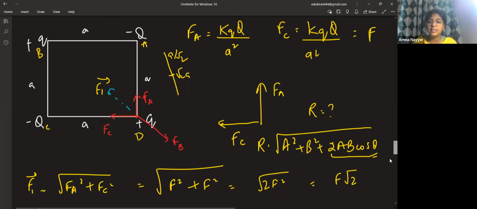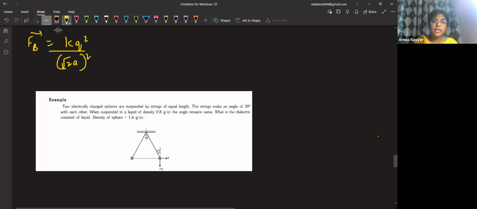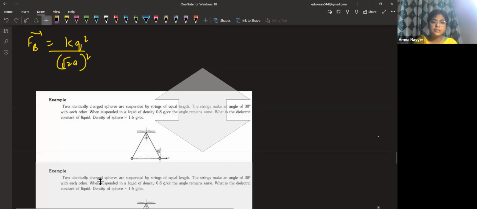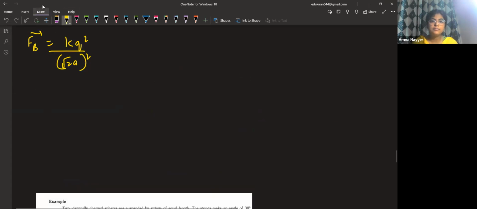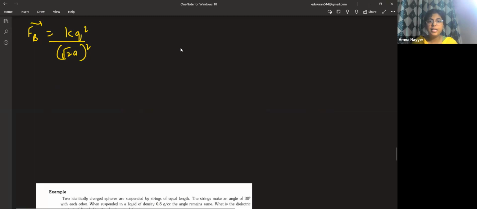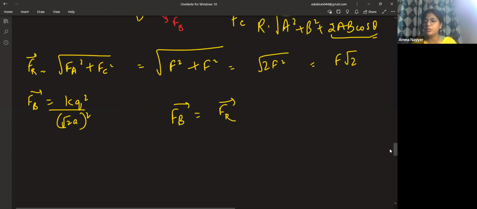They are cancelling each other out. So FB will be equal to the resultant force. Let me write it as F resultant, meaning the resultant between both the vectors.